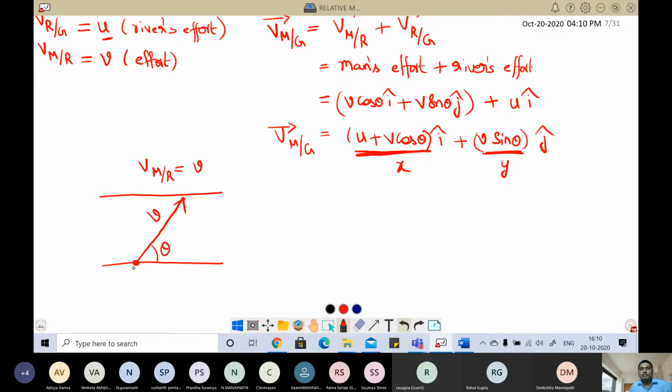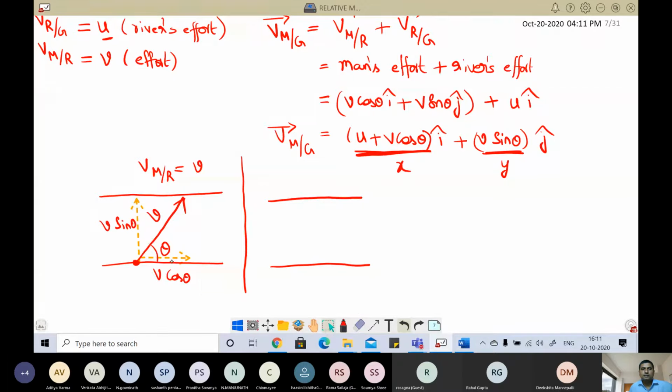Now it has components, called v cos theta and v sin theta. After that, we draw another diagram taking only these components. This is v cos theta and this is v sin theta.